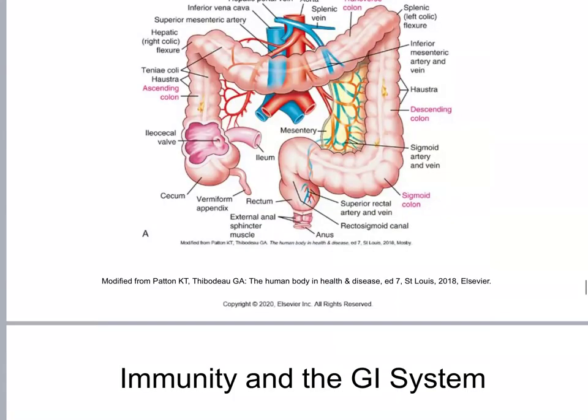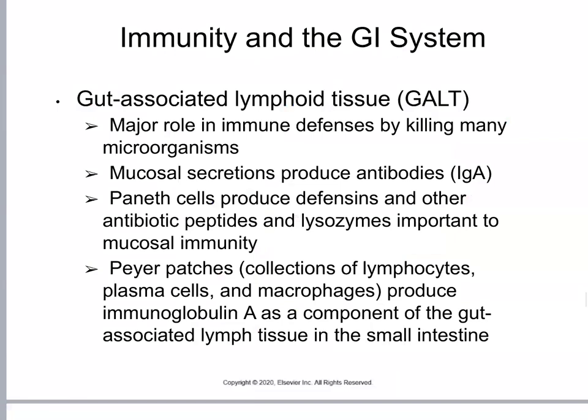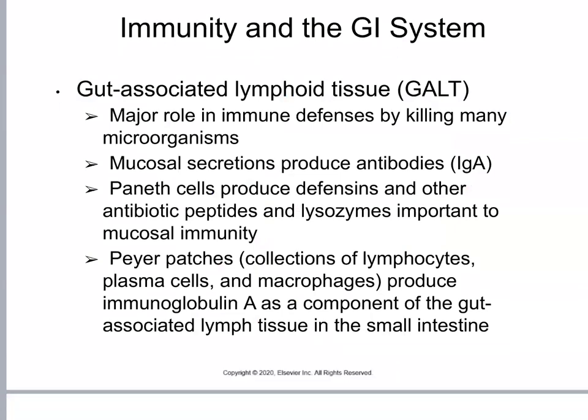So, a little more about immunity and the GI system. We have gut-associated lymphoid tissue, and its major role is killing a lot of microorganisms. Our mucosal secretions also produce IgA antibodies, and we have Paneth cells, which produce defensins and other antibiotic peptides, and lysosomes that are important to mucosal immunity.